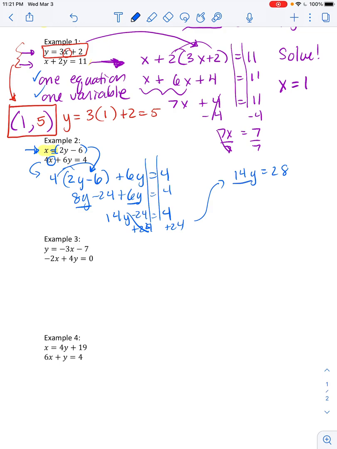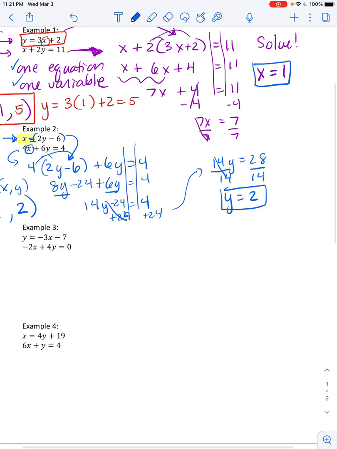So dividing by 14, I get the first half of my coordinate pair. Up here, I got x first, and in this one, I got y first. So when you go to put your answers in their coordinate form, make sure that you pay attention to what you found. We found y, so it has to go in the y spot.